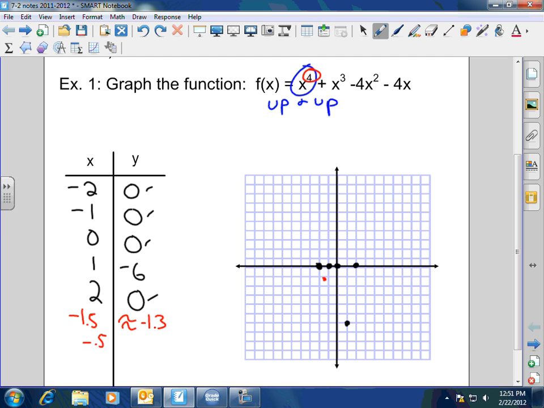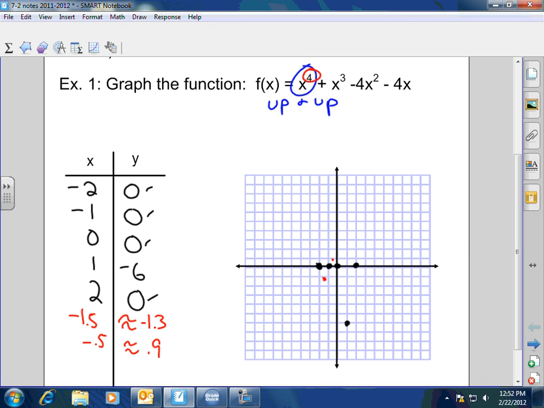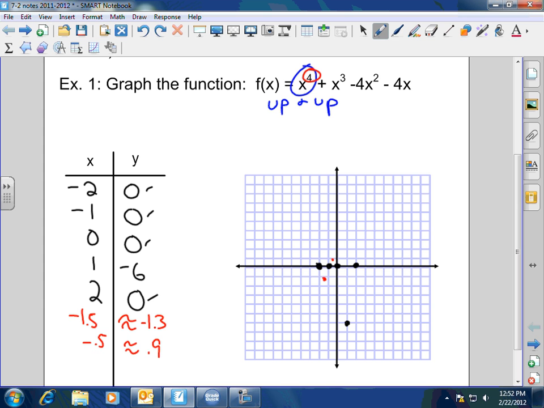Negative 0.5. When I put in negative 0.5, I'm going to get roughly 0.9. So negative 0.5, 0.9, it's about there, almost at the 1. Then between 0 and 2, I already have my 0 right there.